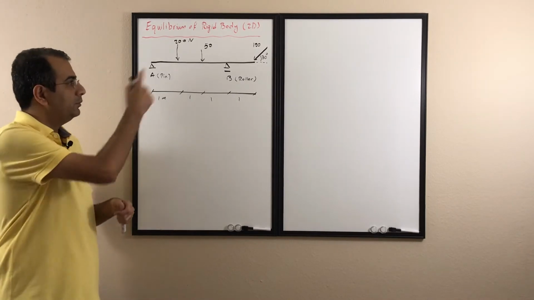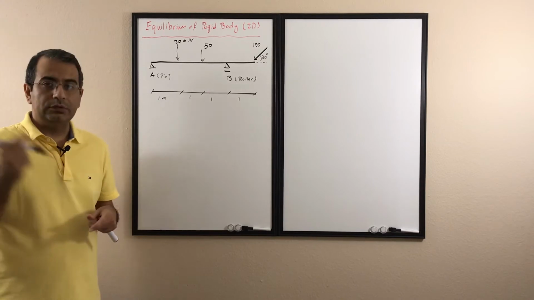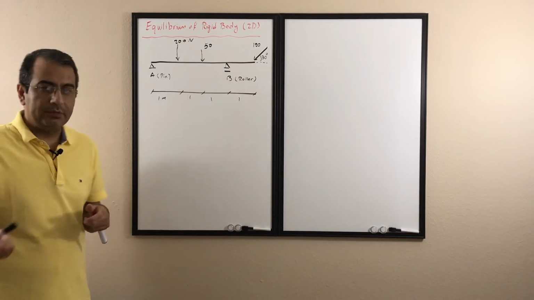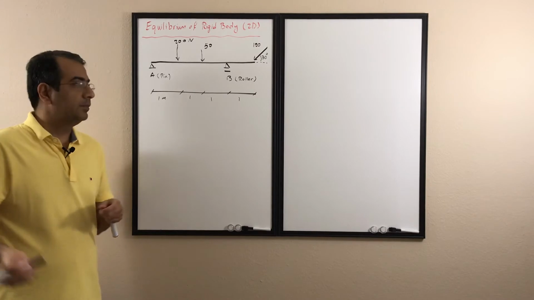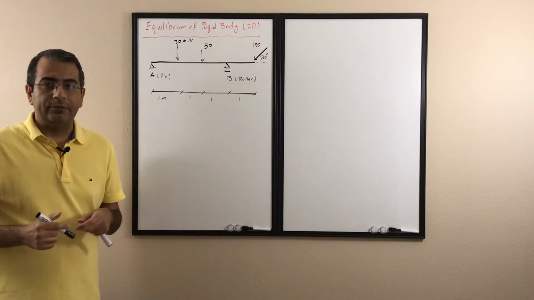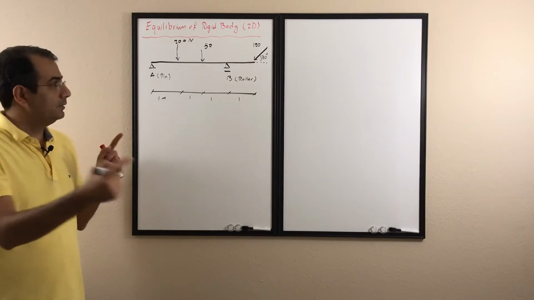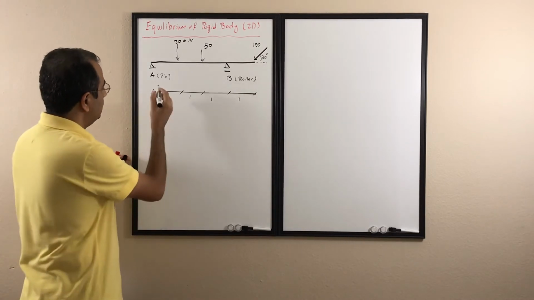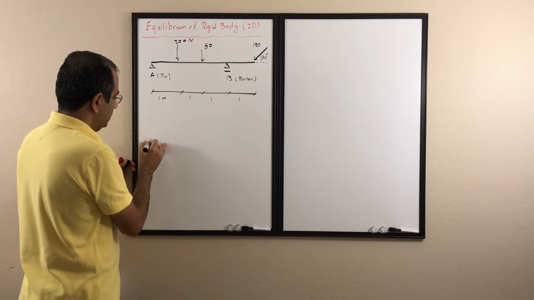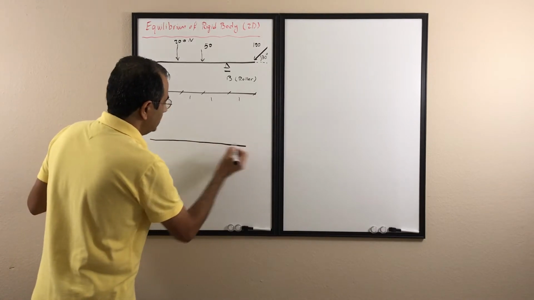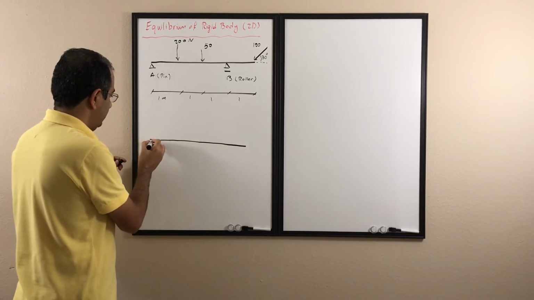So the first thing we need to do when we want to solve this problem is to draw the free body diagram. And remember, when we want to draw the free body diagram, we first of all need to disconnect the body from any object and draw the object itself, which here is a beam. So I'm going to draw the object, the beam. So that's my object, and that is the beam that I have.